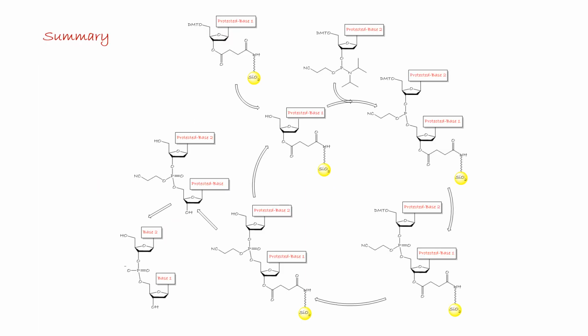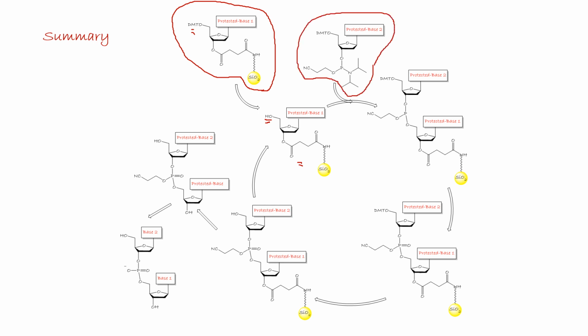To summarize the whole process, here is the species we prepared first. Deprotect to form free OH. Now we need to couple this molecule to the second molecule. We prepared again the phosphoramidite. Okay, to activate the coupling, we need acid medium and tetrazole to form the phosphite triester P3.